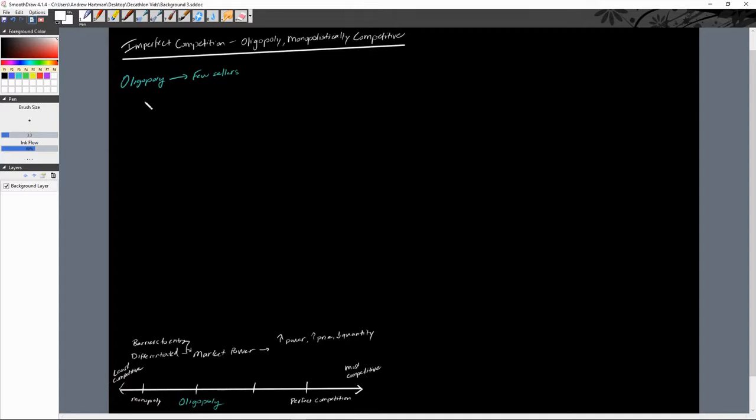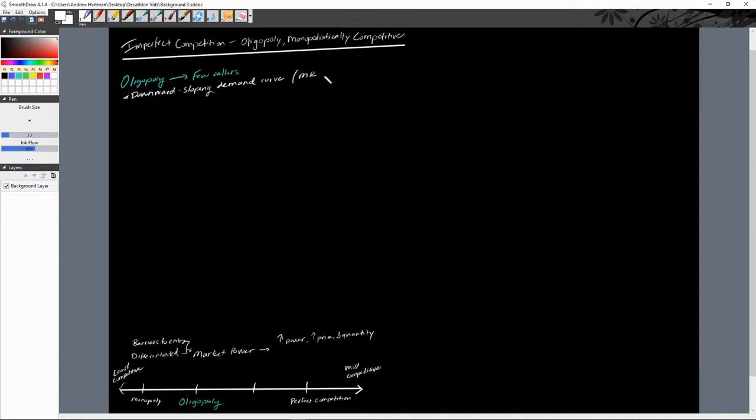So a few key things about an oligopoly. Just like a monopoly, they do face a downward sloping demand curve. If you recall, perfectly competitive markets do not. They face a horizontal demand curve, because again, they cannot go above or below the price that it's at, which means their marginal revenue is the same.